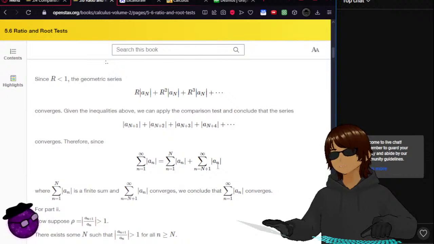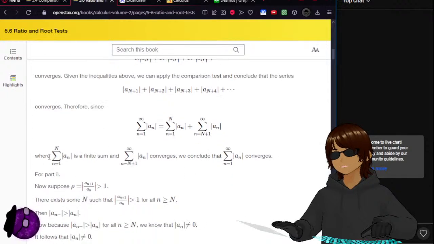Therefore, since the sum of a(n) is equal to the partial sum plus the rest of the sum, the partial sum is a finite sum, and the infinite one converges, we conclude that all of it converges.